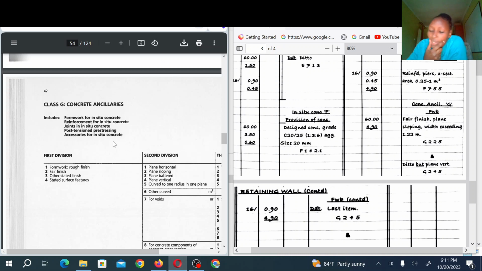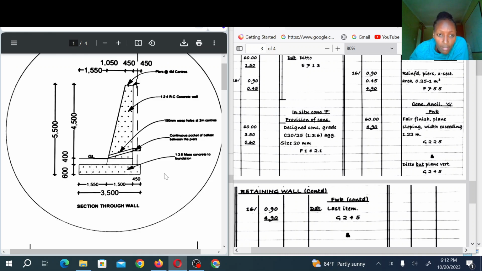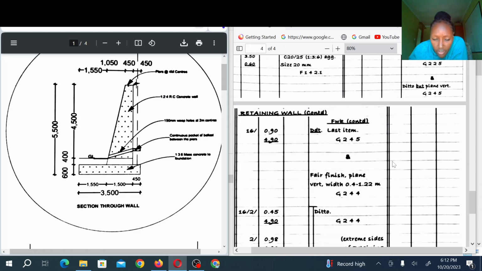So we want to take off all the formwork that we shall use. We shall calculate the formwork for the fair finish. In our drawings here, we have been told where we have the fair finish and where we have the rough finish.